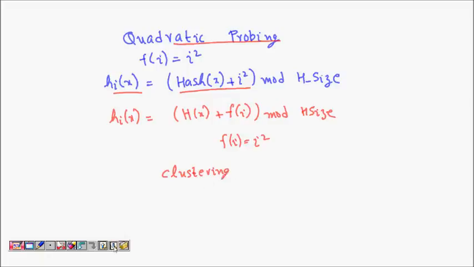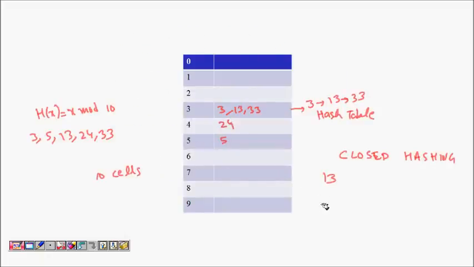Let's see an example for quadratic probing, and then we will understand. Let's delete a few things from the table and see how we write it.